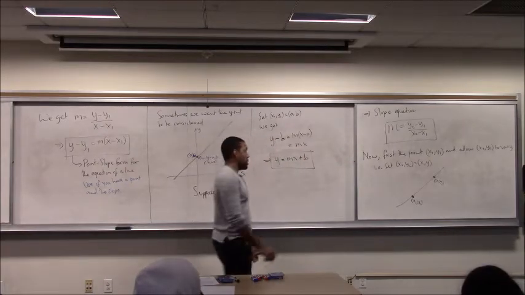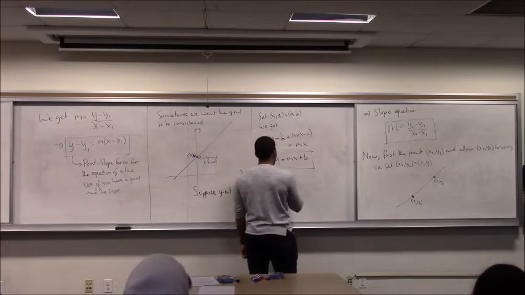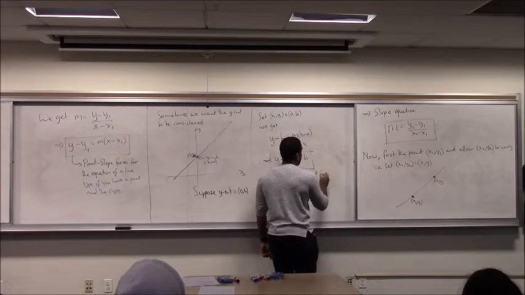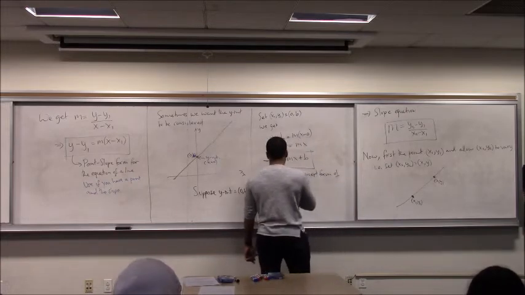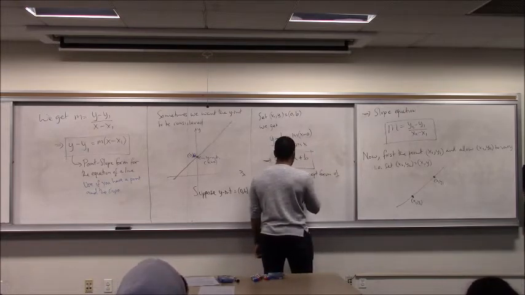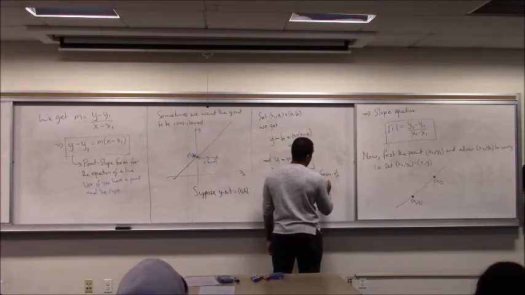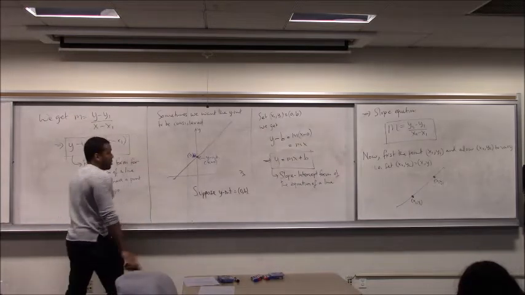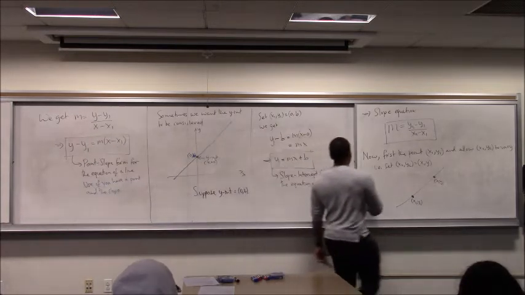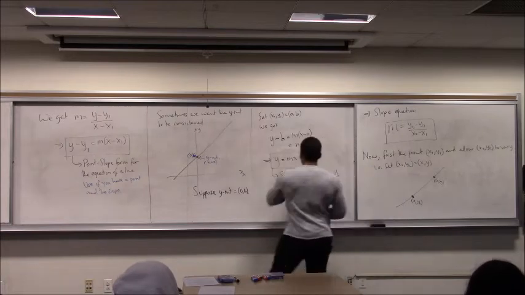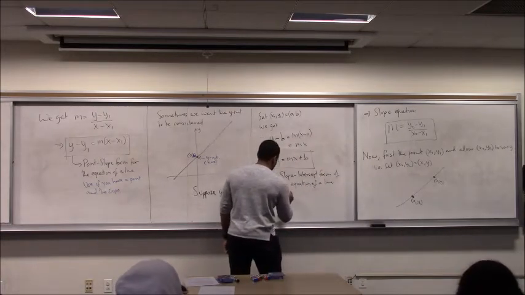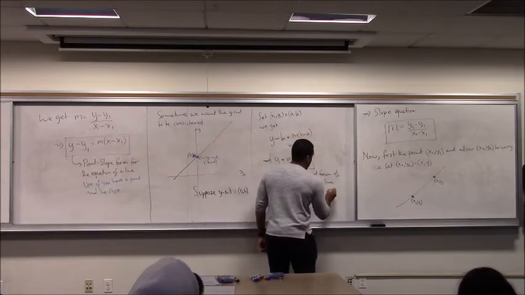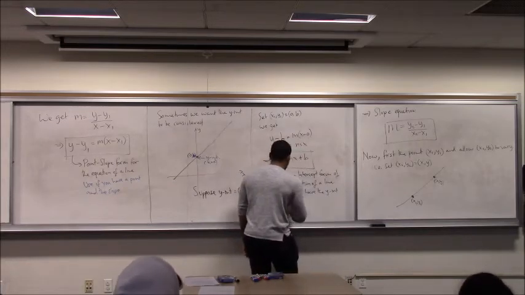It is called the slope-intercept form of the equation of a line. Why? Because you can use it if you know the y-intercept and the slope. You have the y-intercept in particular and the slope.